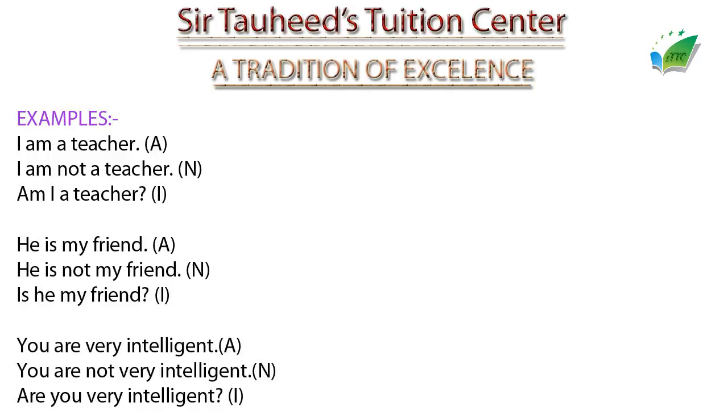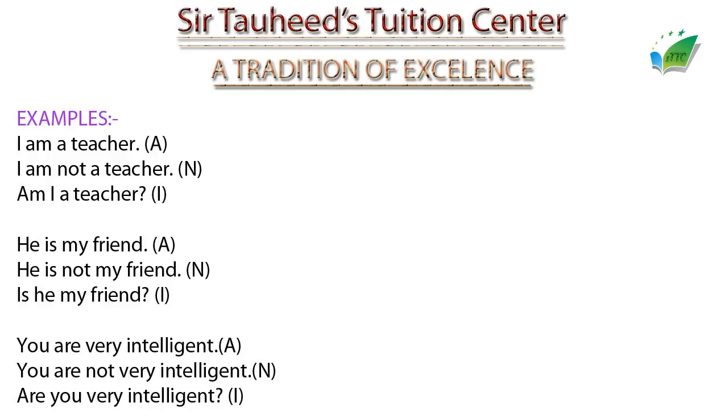Next is, am I a teacher? You can see here am is before I, which is a subject. So this sequence makes the sentence interrogative. Now the sentence is interrogative.